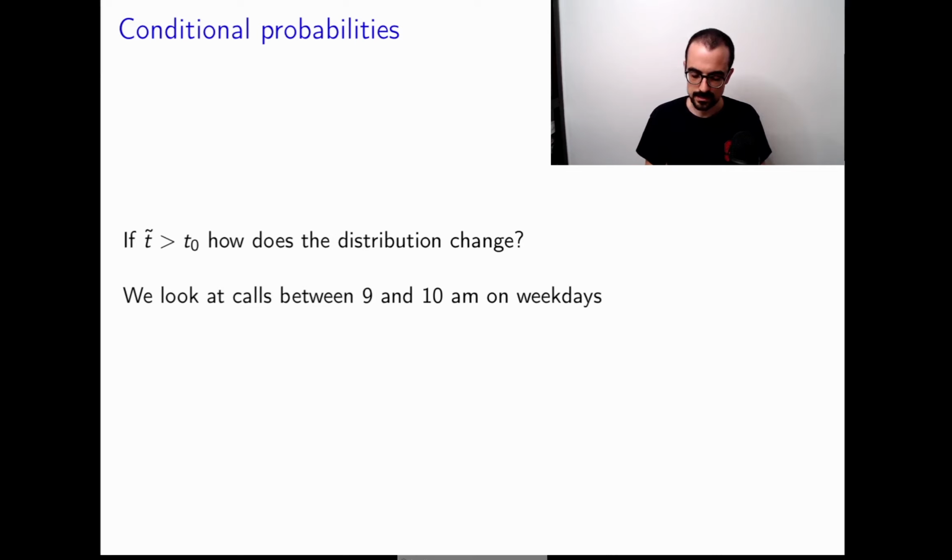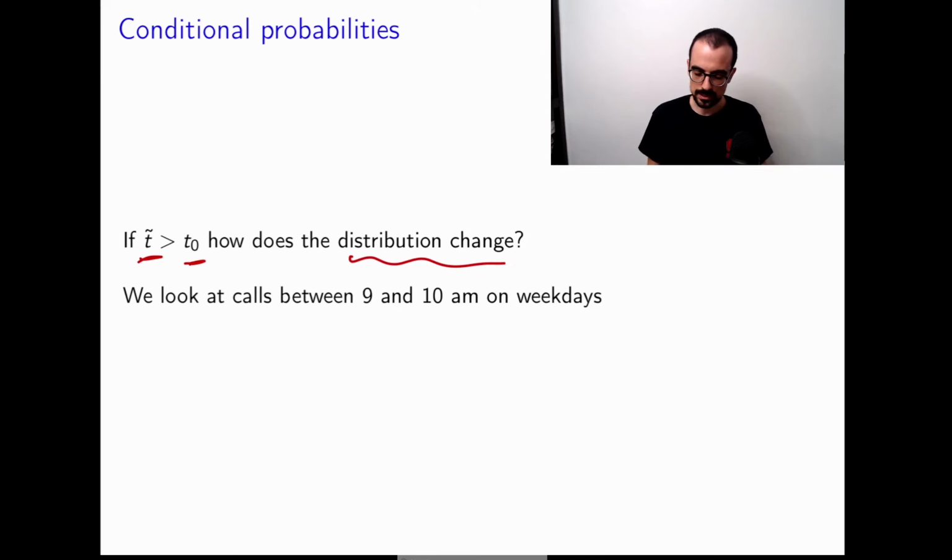So let's think about how the inter-arrival times are distributed if we only consider times that are above a certain number t0. Like 25 seconds, 50 seconds, and so on. We'll look at them in a moment. We are interested in how the distribution changes.